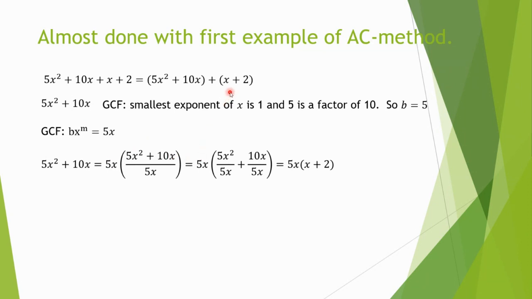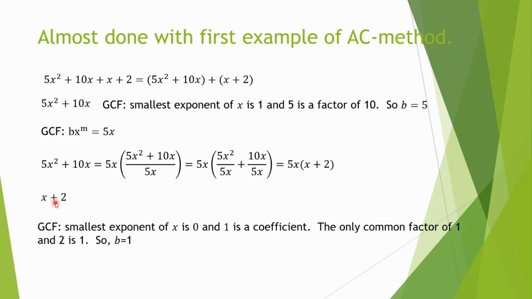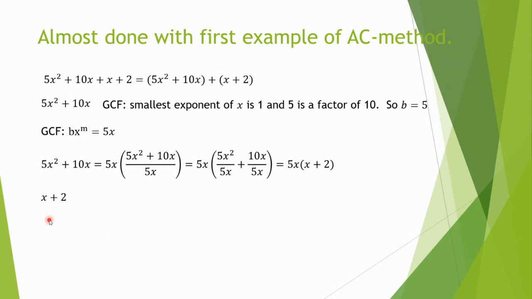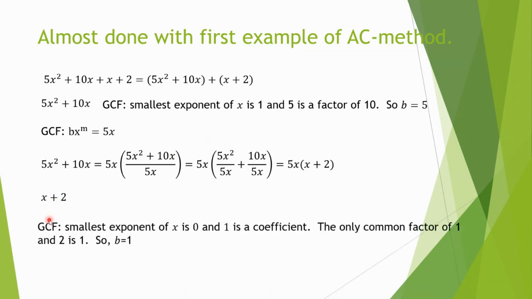Now, next, although hopefully you can see by now, we would have to find the GCF of the second group, x plus 2. But hopefully you can see right away, although it's in the notes, that the GCF is 1, right? We have a non-zero constant term.